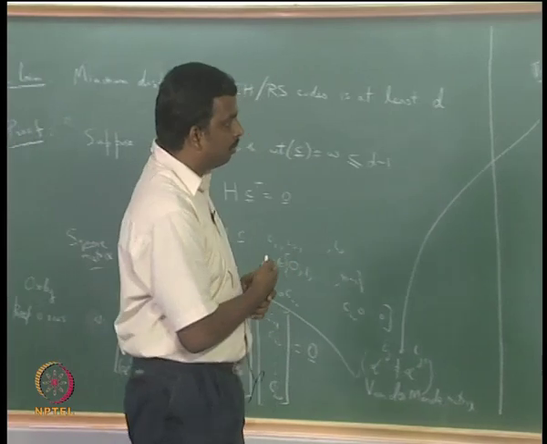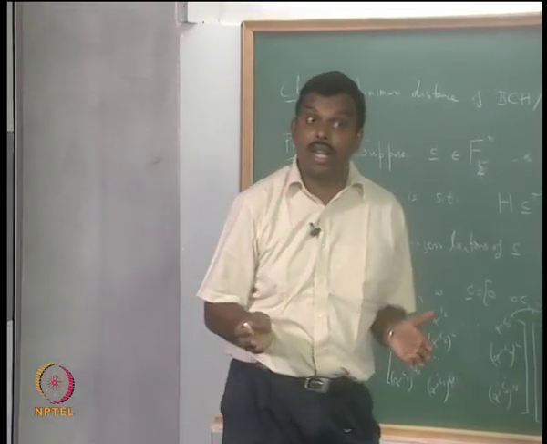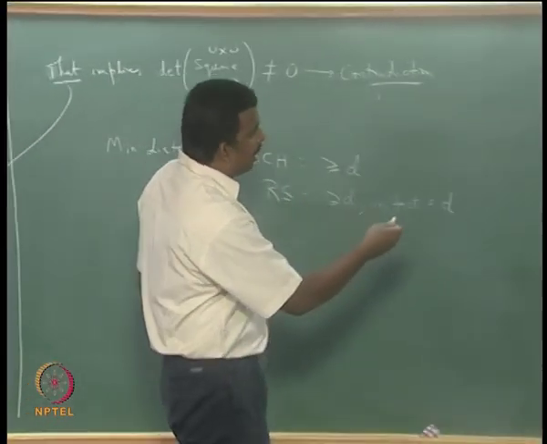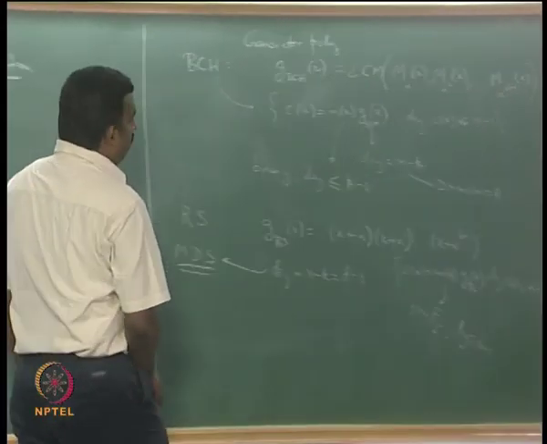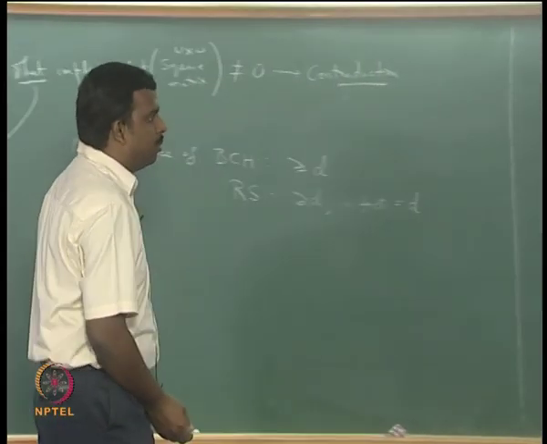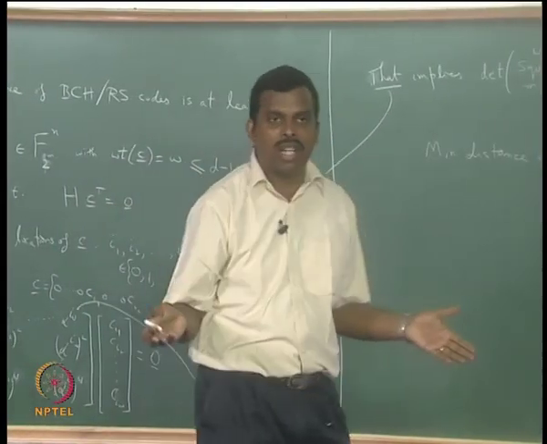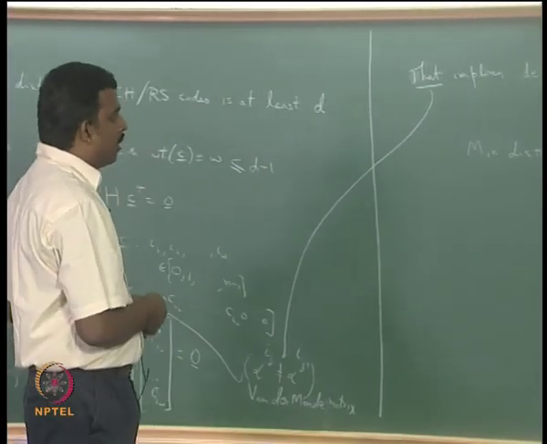For BCH you cannot in general say that it is equal to d, because you do not have any result on the degree of G BCH. In this case the degree of G RS becomes equal to d minus 1. So, you know from there that there is a nice bound on k.